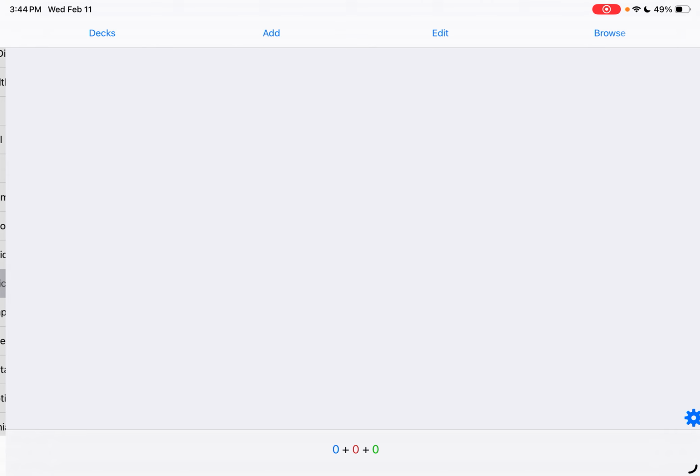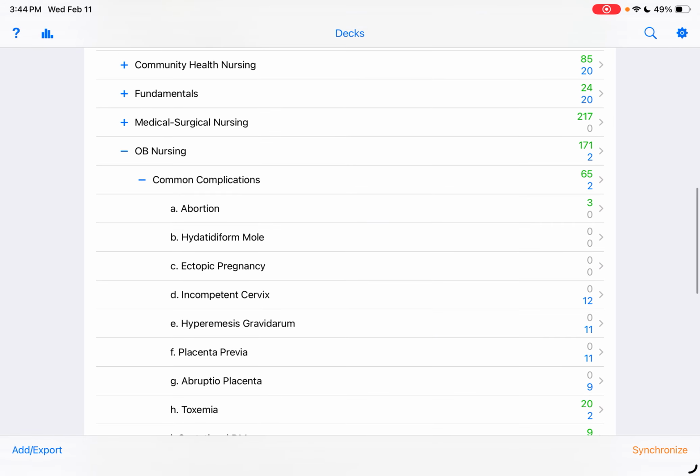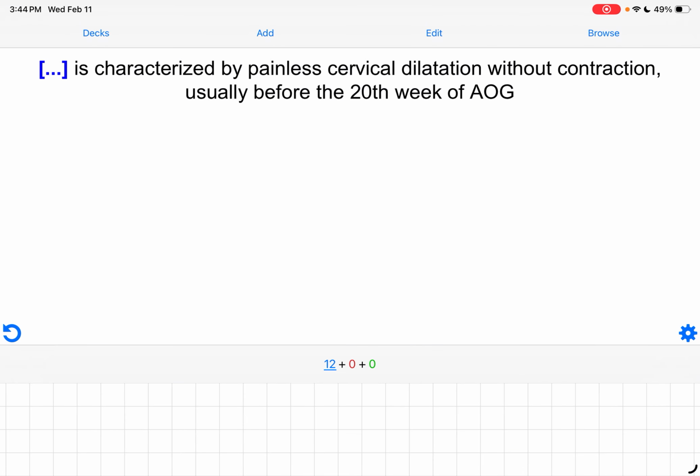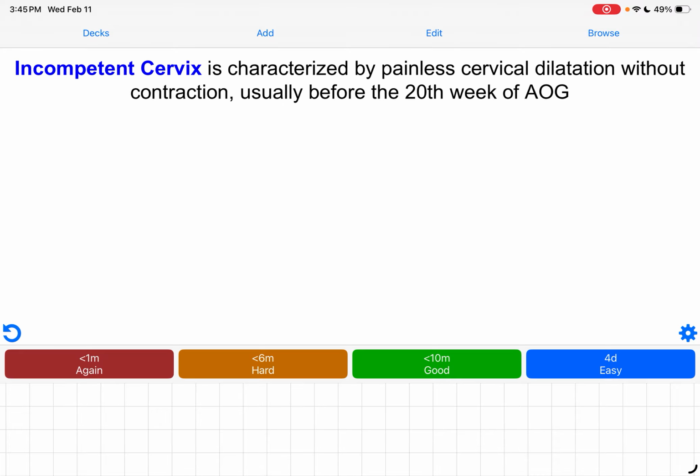Okay. So next is incompetent cervix, characterized by painless cervical dilatation without contractions, usually before the 20th week of AOG. Painless cervical dilatation without contraction, usually before the 20th week.